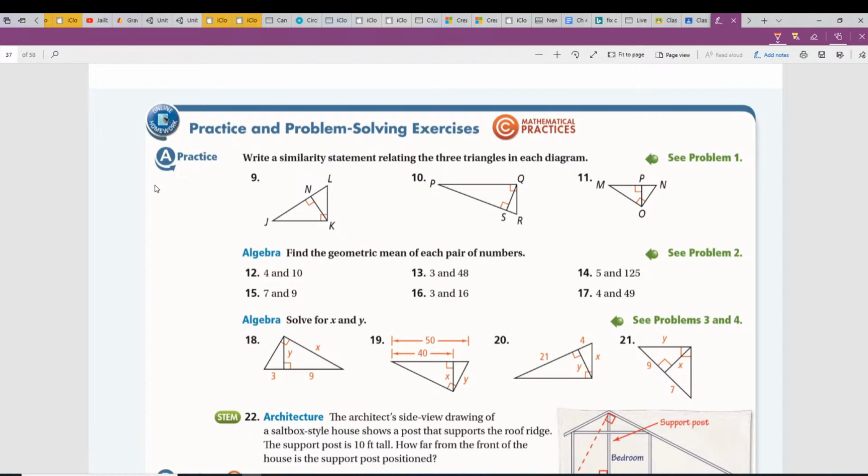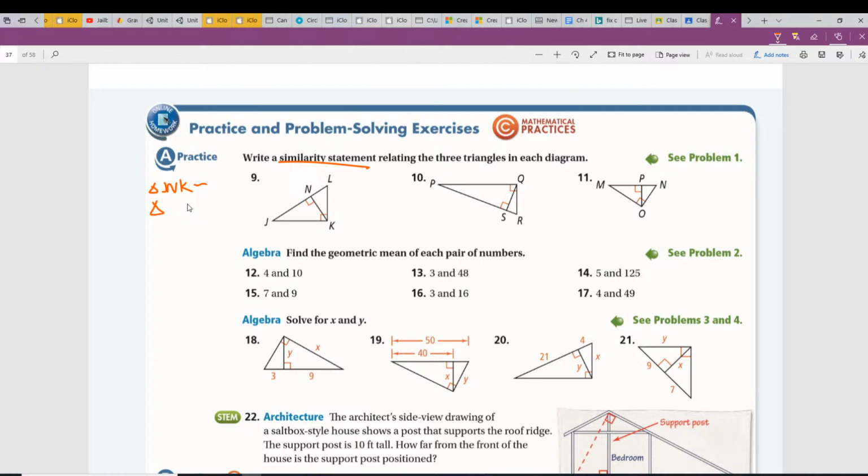So that includes angle J and K would be similar. Okay, similar, I keep messing up. J and K, and we also have to show the correspondence, so we don't just put all the letters in different places. The order matters. So J and K, let's do K and L.